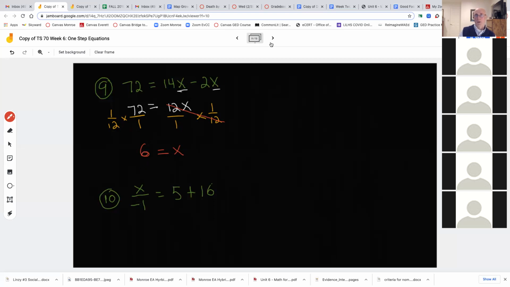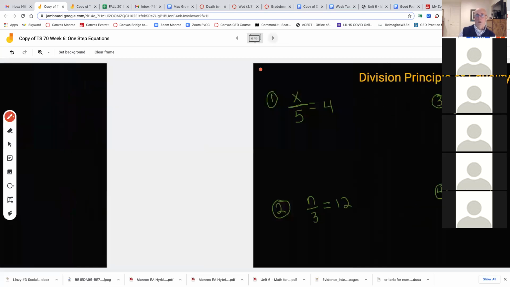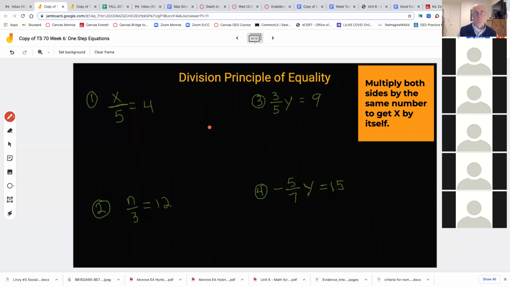All right, I'm going to move on to the next slide, guys, because I see I'm running out of time somehow all of a sudden. The division principle of equality, we actually already started doing it. So if I wrote in my notes here, I've still got 5 minutes, division principle of equality. I know it sounds counterintuitive, but the principle is that you multiply both sides by the same number to get x by itself.